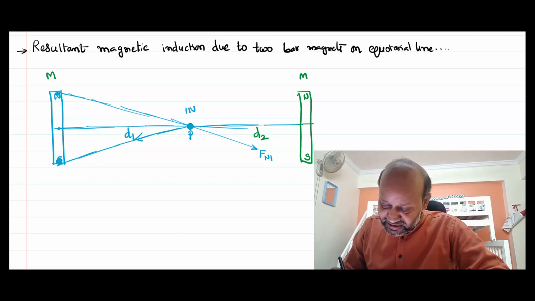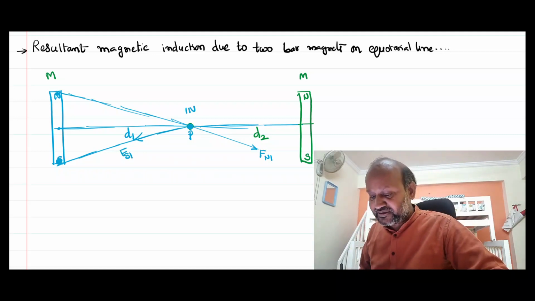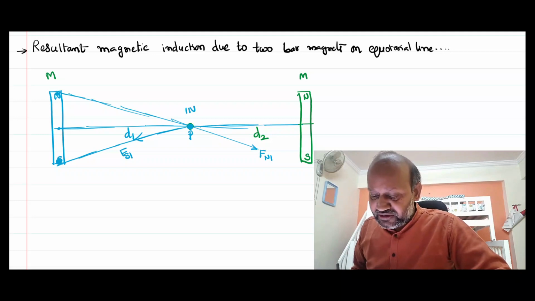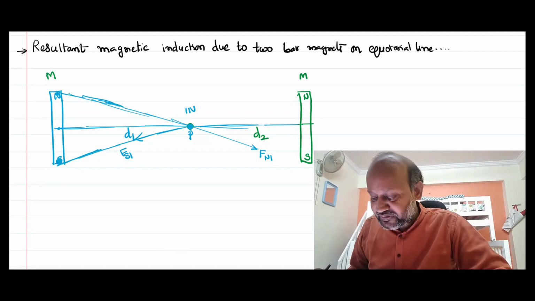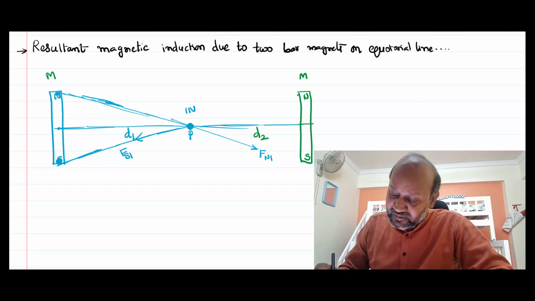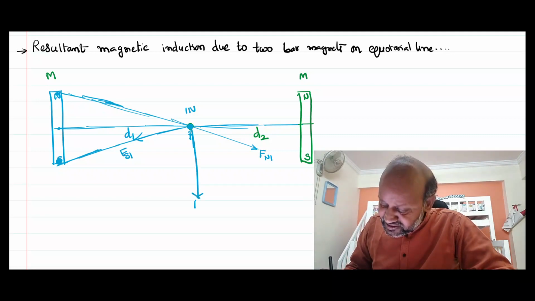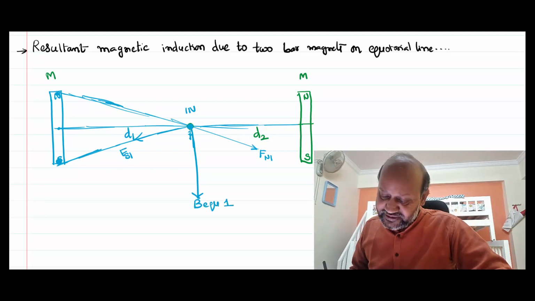That is in this direction. This is F south due to the first magnet. These two are equal forces because this distance and this distance are the same. So the resultant will be exactly in between them. Where is the resultant? This way. The resultant of the two forces is called the equatorial force due to the first magnet.